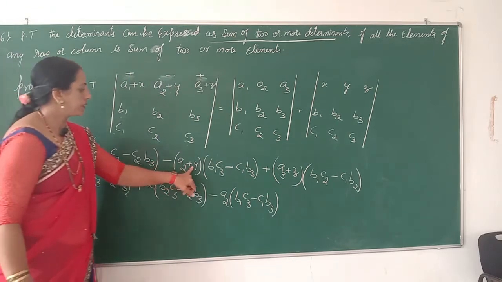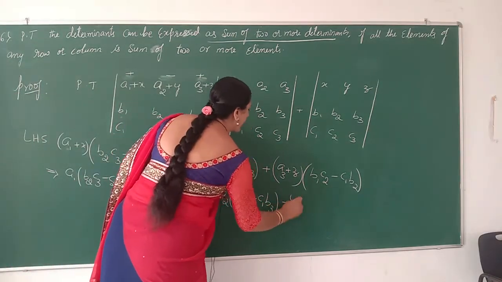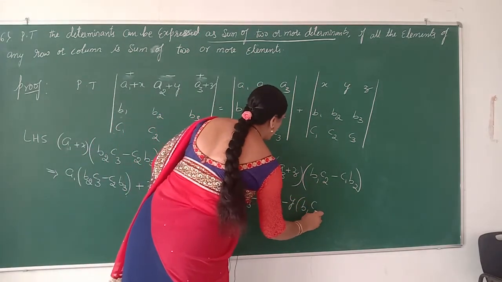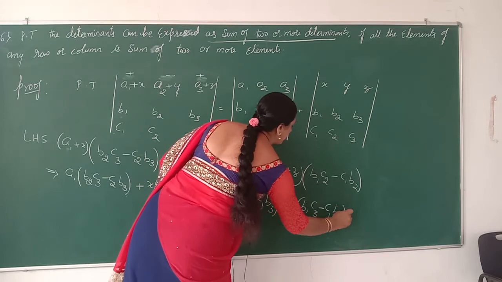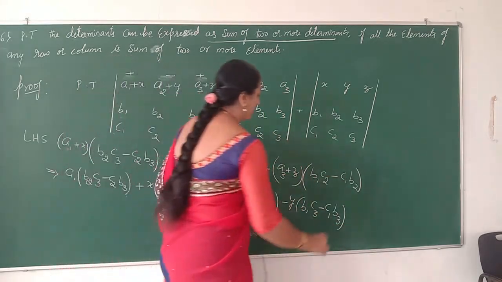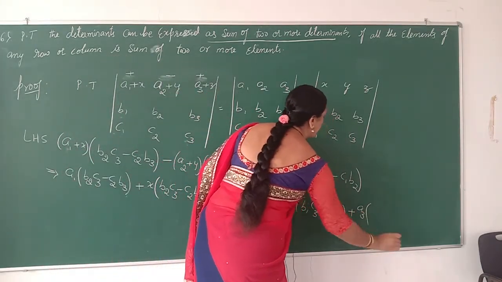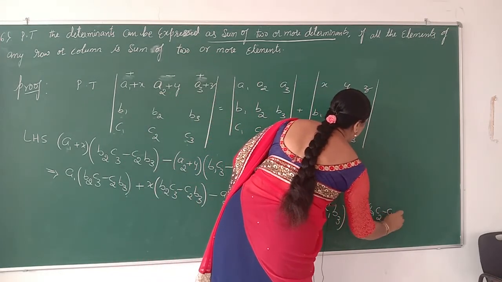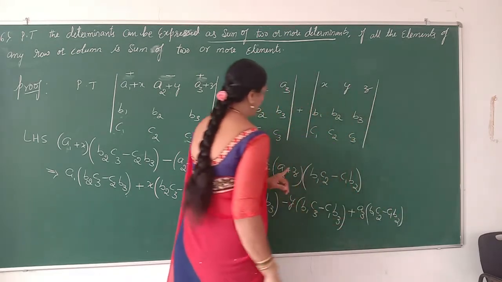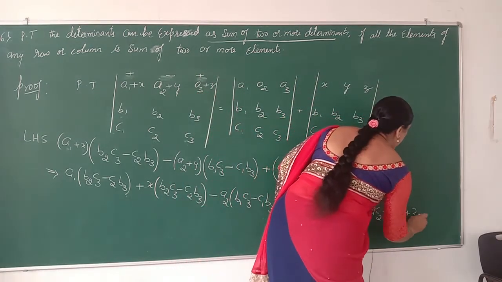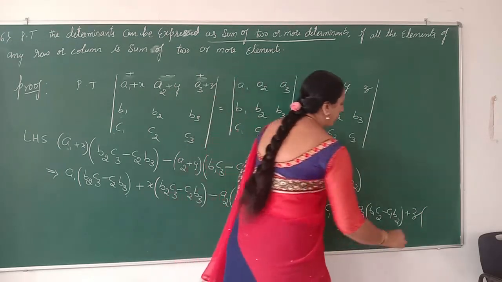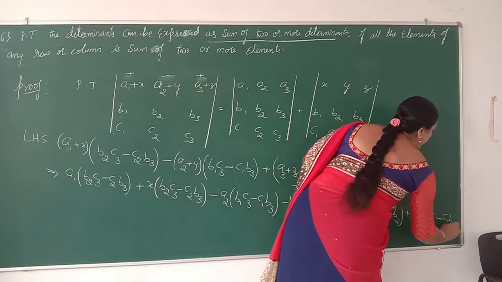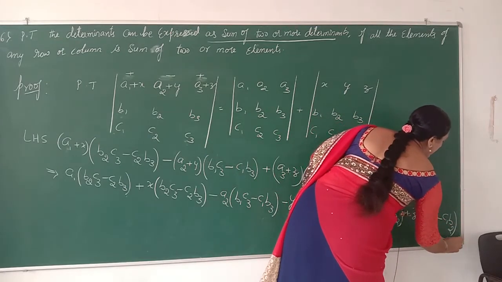Similarly, plus into minus is minus Y of B1C3 minus C1B3 plus A3 of, the third pair, A3 of B1C2 minus C1B2 plus the last element is Z of B1C2 minus C1B2. That will be called equation 1.